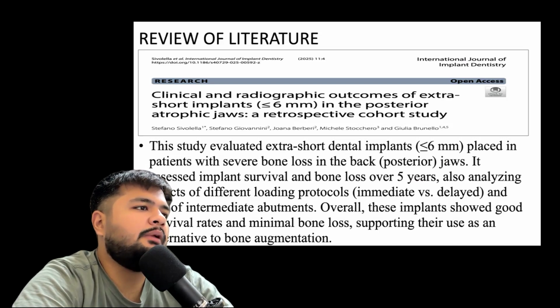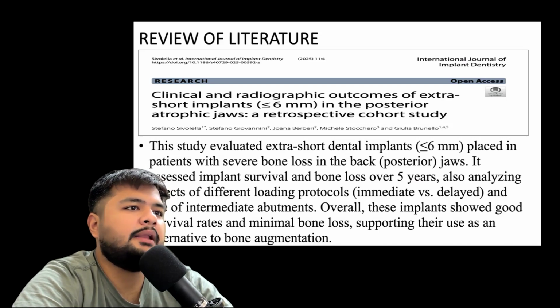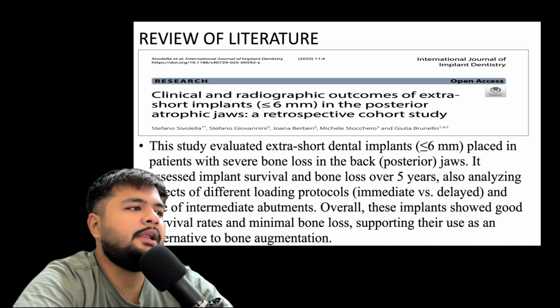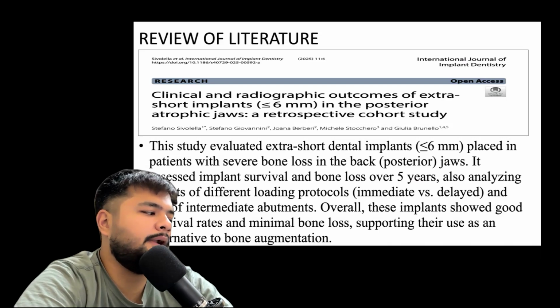This study evaluated extra short implants, dental implants of less than or equal to 6 mm, placed in patients with severe bone loss in the back, that is the posterior jaws. It assessed the implant survival and bone loss over 5 years, also analyzing the effects of different loading protocols, that are immediate versus delayed, and use of intermediate abutments. Overall, these implants showed good survival rates and minimal bone loss, supporting their use as an alternative to bone augmentation.